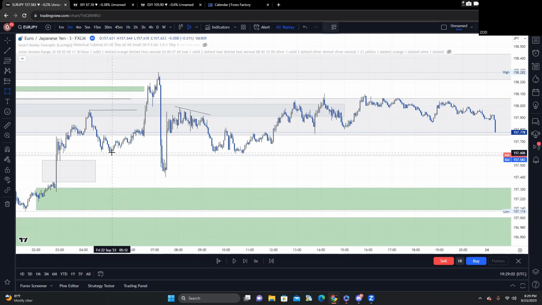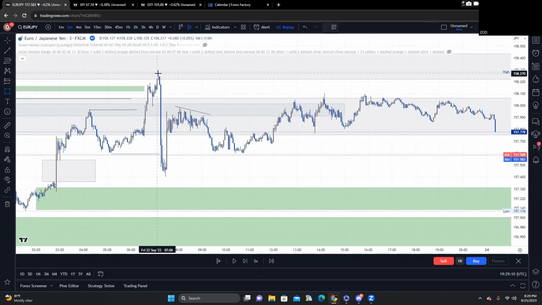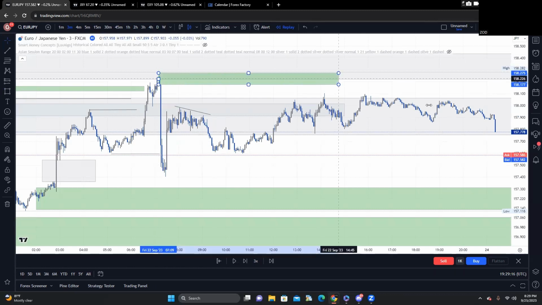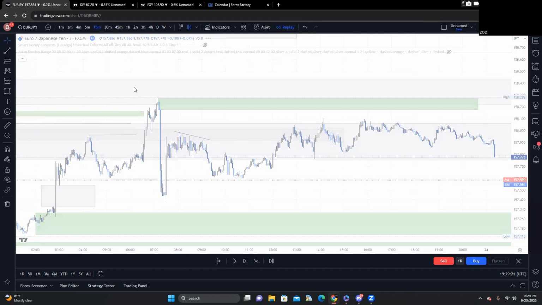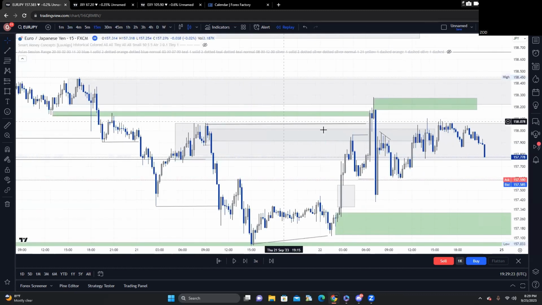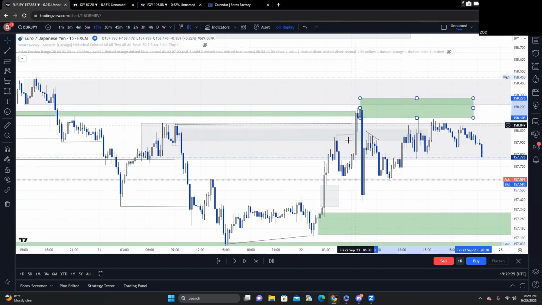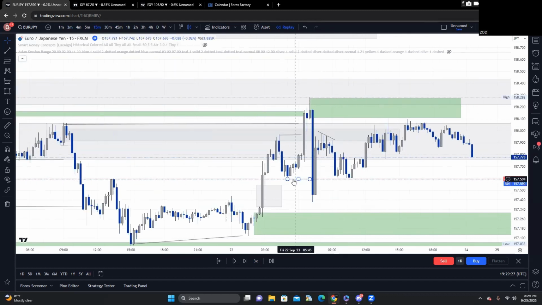Which now validates, because now we have this area. Let me just use this as a line. We have this area that was broken, causing us to have this area of demand here.